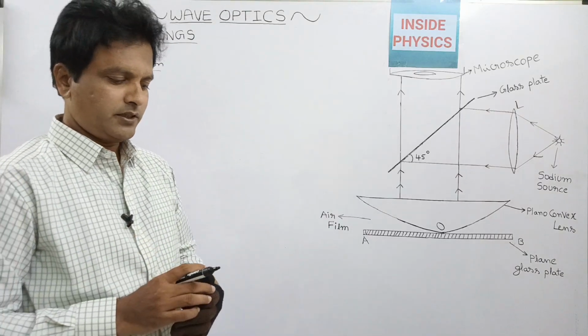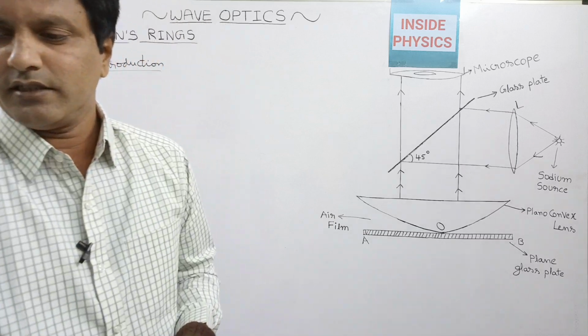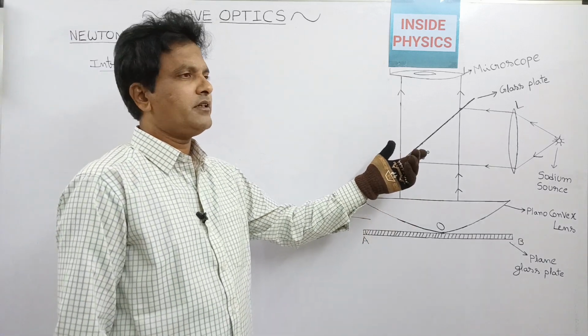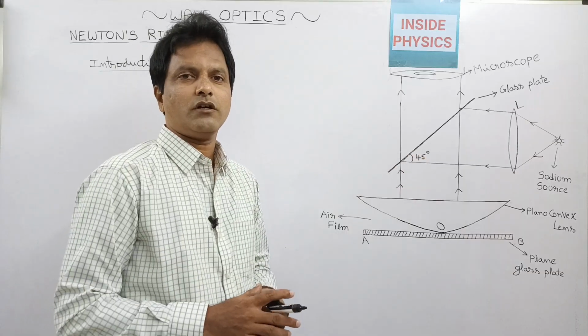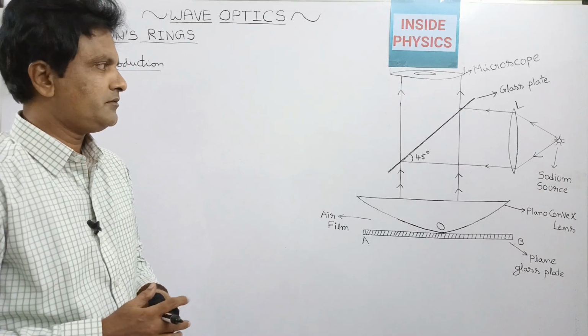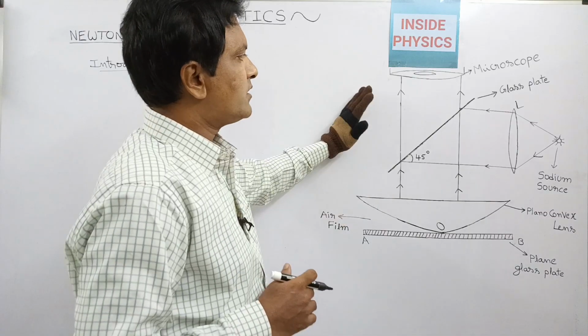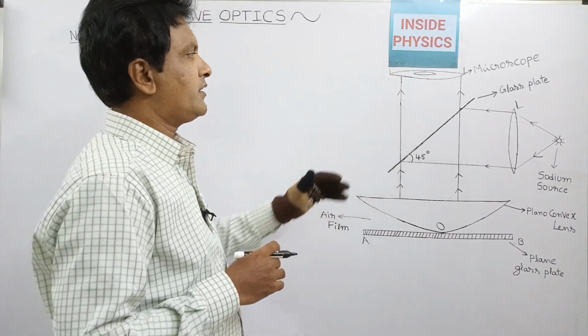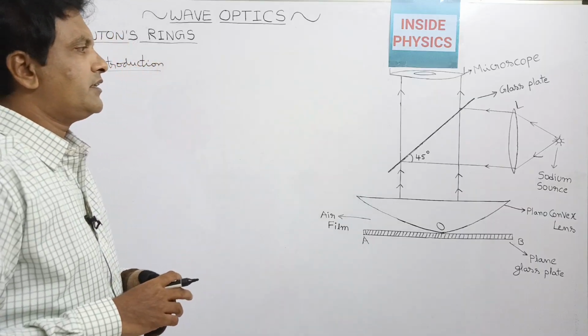The optical path difference gives the phase difference. Based on the phase difference, we can understand whether it is constructive or destructive interference. If it is constructive interference, we will see a bright ring. If it is destructive interference, we can see a dark ring.